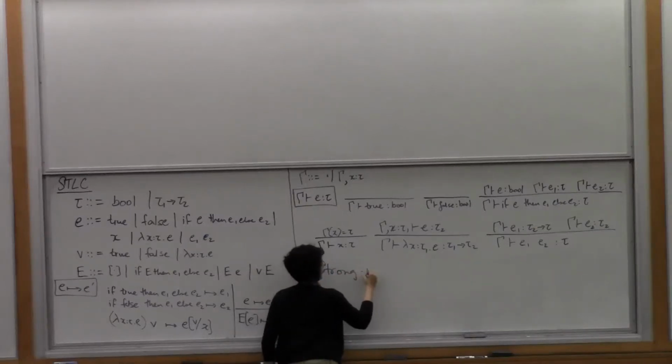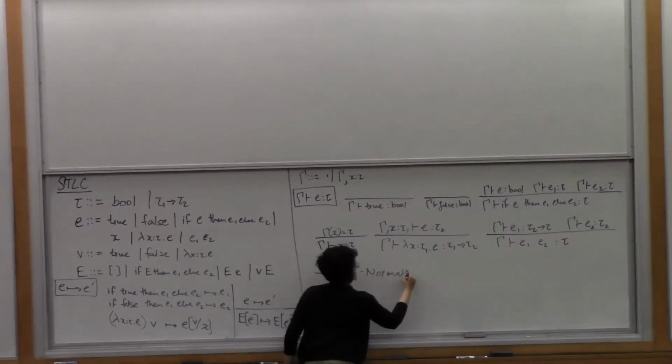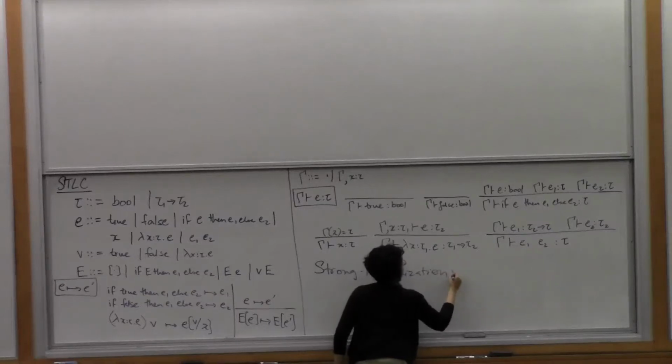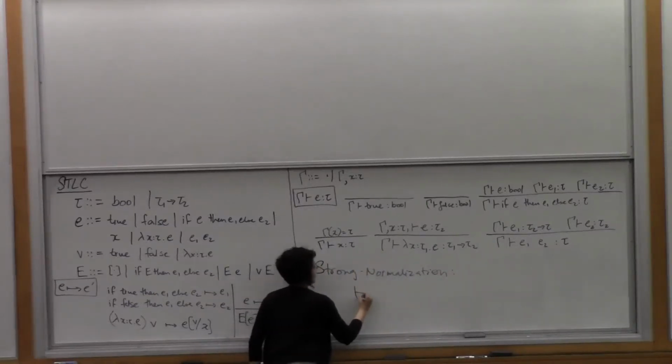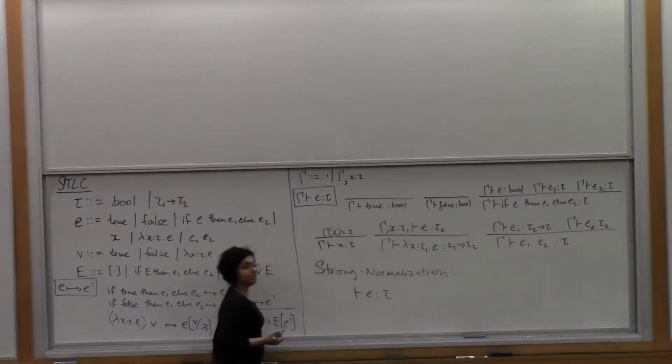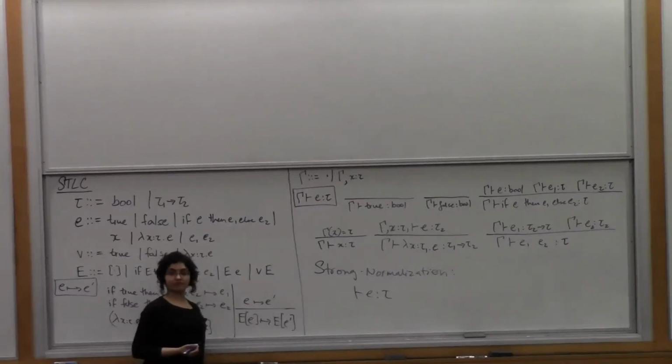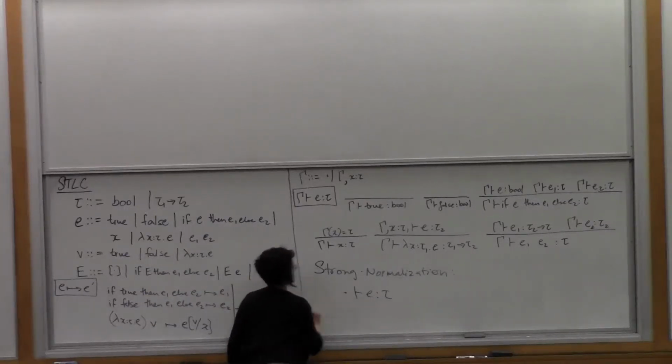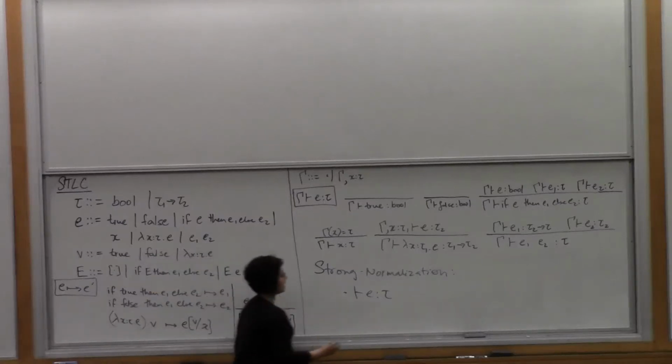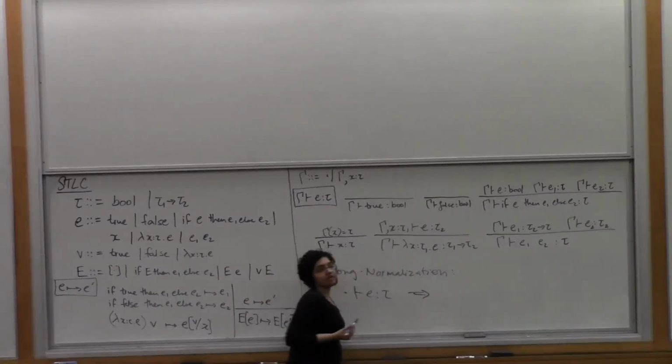What is strong normalization? It is the property that if some expression E has type τ using these typing rules, with an empty context, then E terminates.